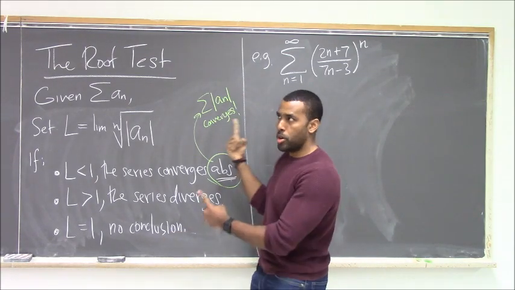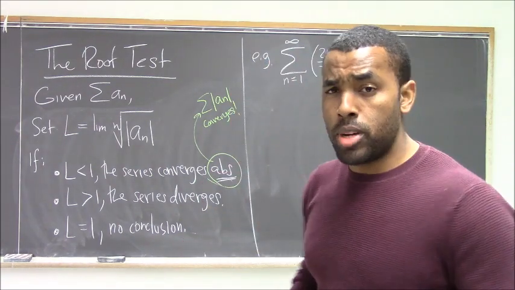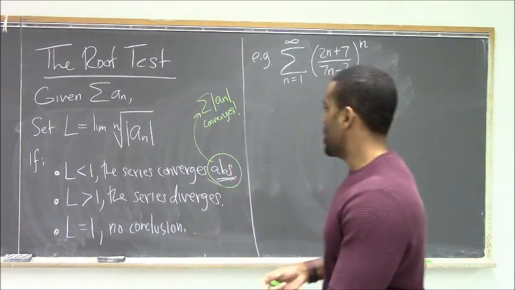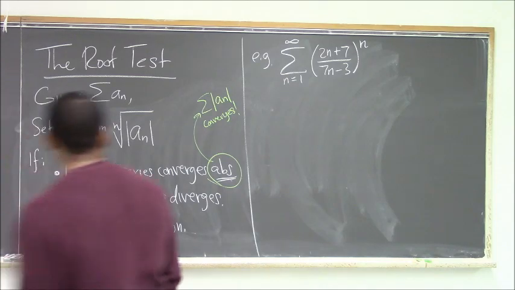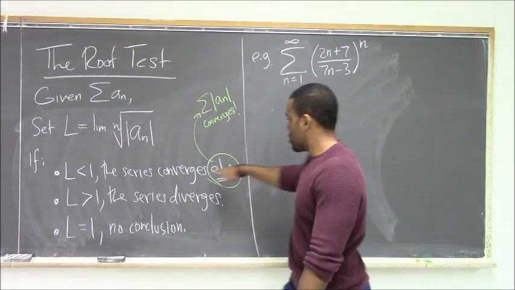And I also spoke about why that was important. That pretty much ensures that we have commutativity of addition in the infinite summation case, and that's pretty important, as we'll see moving forward. So if this limit is less than 1, the series will converge absolutely.